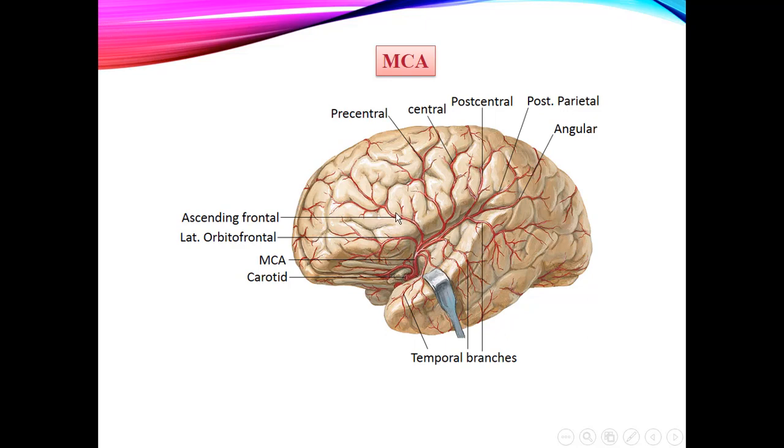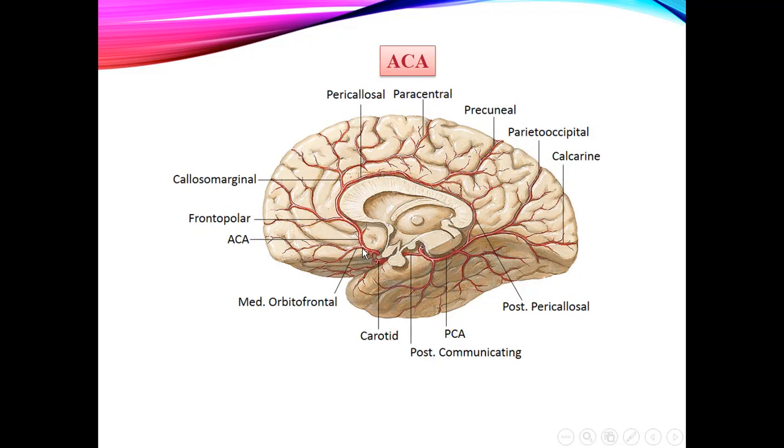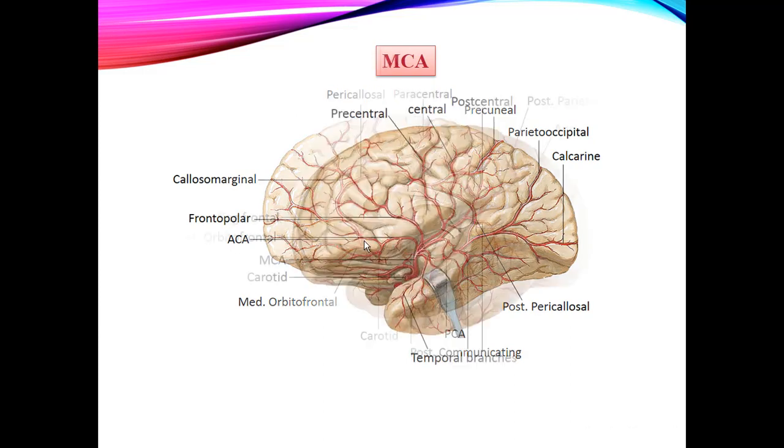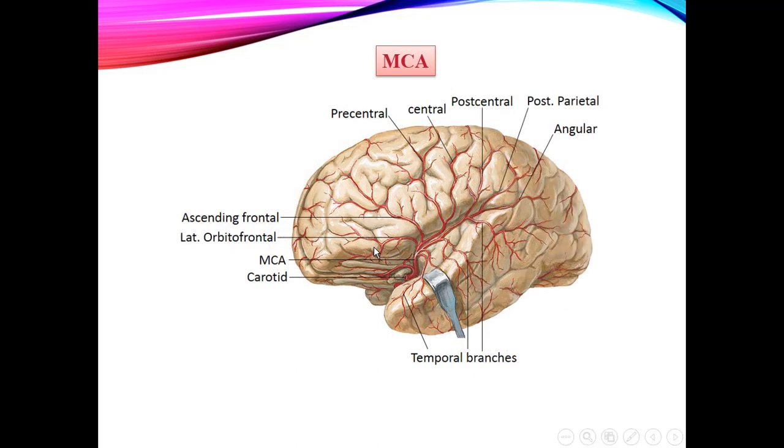Here we've got the ascending frontal branch and also the lateral orbitofrontal branch. So remember that the medial orbitofrontal branch is a branch from the anterior cerebral artery, but the lateral orbitofrontal branch is a branch from the MCA or middle cerebral artery.